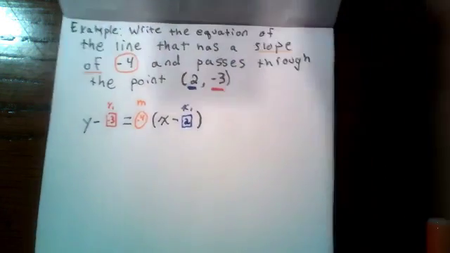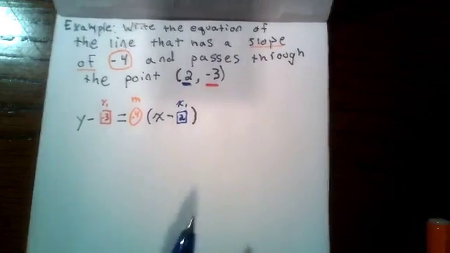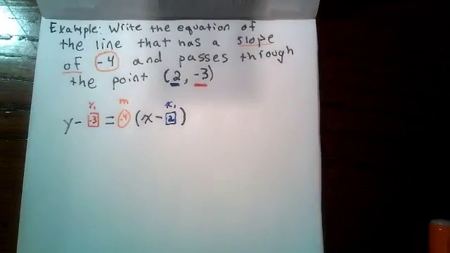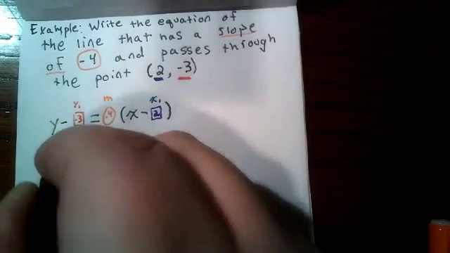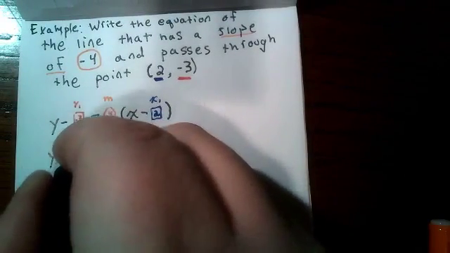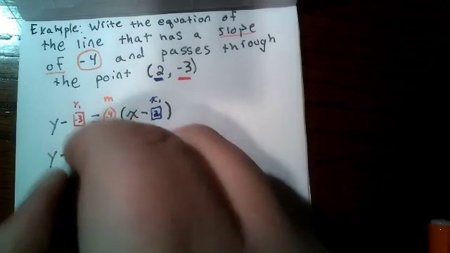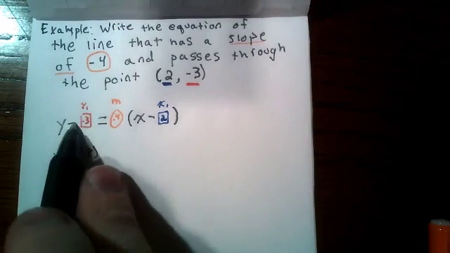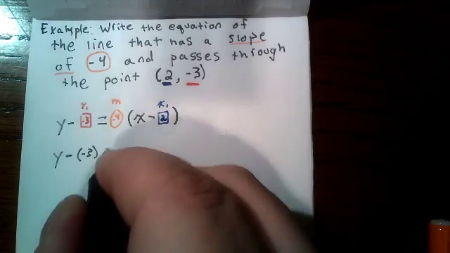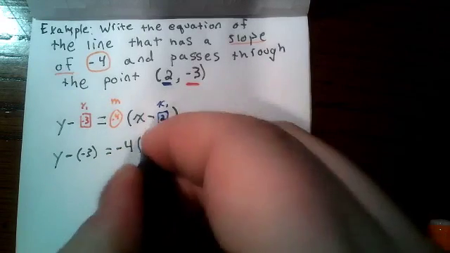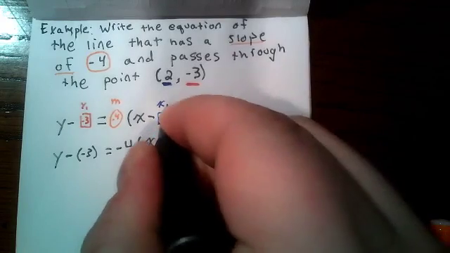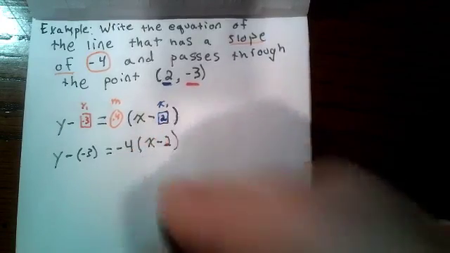And what I want to do now is I'm not going to give my answer in these boxes in this oval. I'm going to rewrite it. So this is y minus -3, subtracting a negative, right? I have two negatives here, equals -4 times x minus my x1 value, 2.